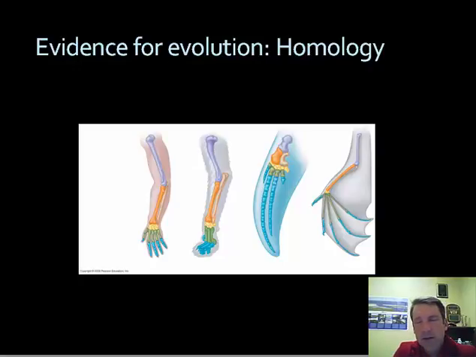Also closely aligned to this idea of comparing structures would be the idea of vestigial structures, and these are structures that are said to have lost a function from the past.